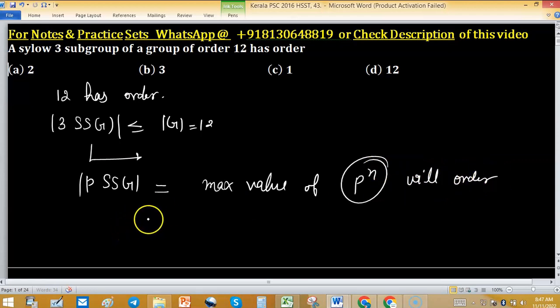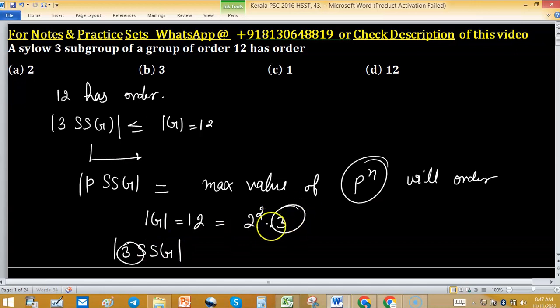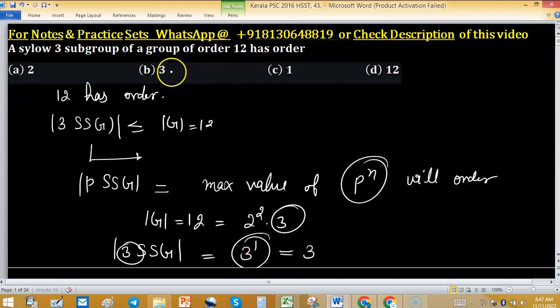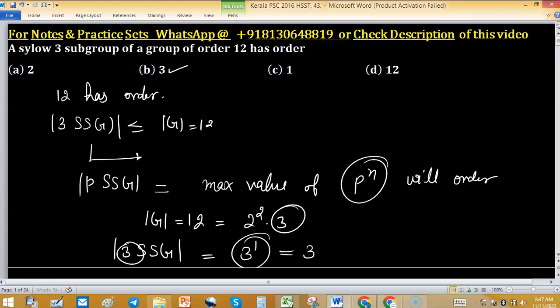In a group of order 12, which is 2^2 into 3, we need to find the order of the 3-Sylow subgroup, 3 containing here, and the order of G. So the max value is 3^1, which equals 3. So option B is correct.